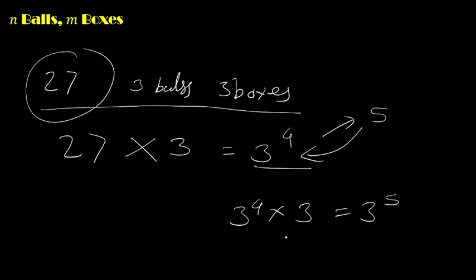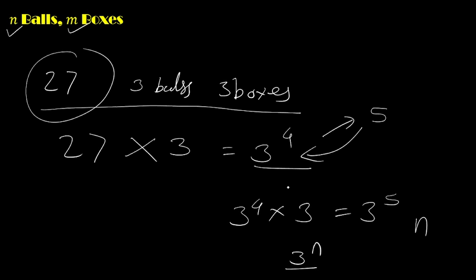So if we continue like this, adding more and more balls one at a time, we will find that if we have n balls and, for example, we only consider the case of 3 boxes, then on adding the nth ball the number of arrangements will be 3 raised to n.